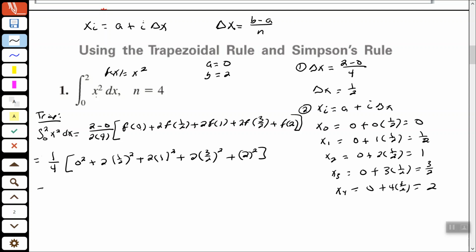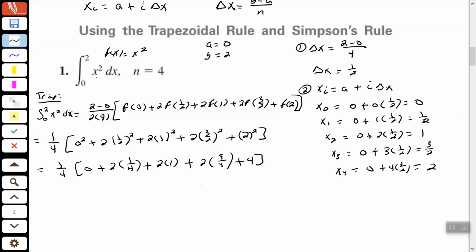So 1/4, and then 0, plus 2 times 1/4, plus 2 times 1, plus 2 times 9/4, plus 4.